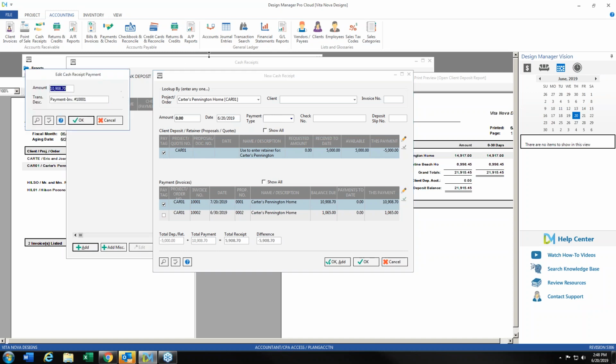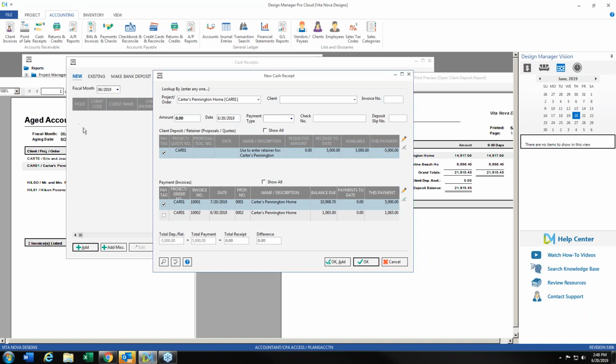Oh, I hope this works, right? But we're only moving, it'll automatically think you're getting the entire amount. You want to make sure that it's that, okay? So now down in this section, you're looking at it, and this difference always has to be 0.00, okay? So when you are looking at this and you want to adjust it, you're always going to click on the pencil, and you want to make sure that the difference is 0.